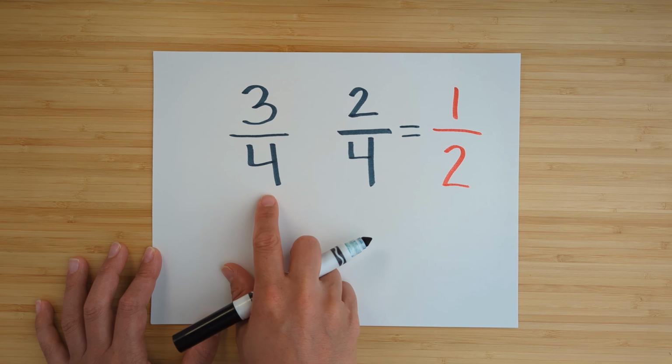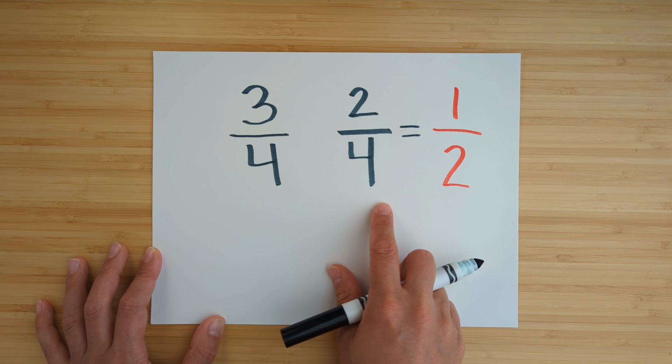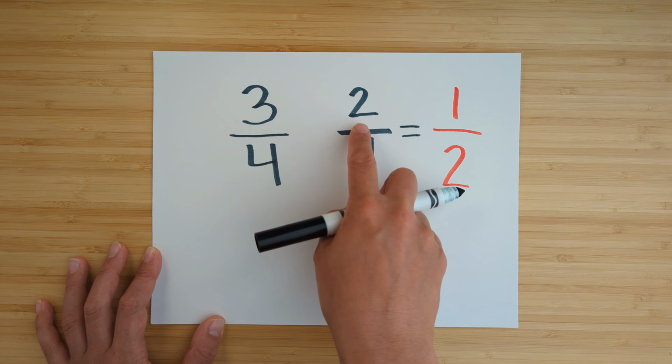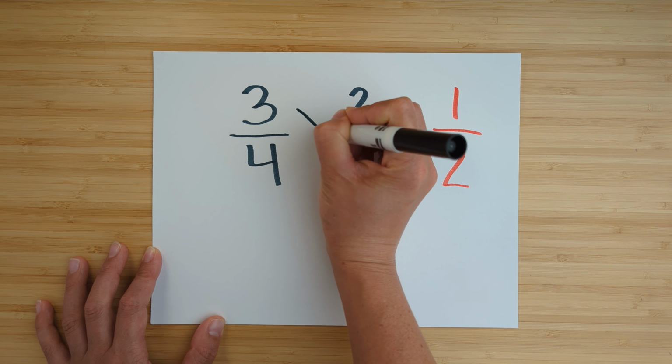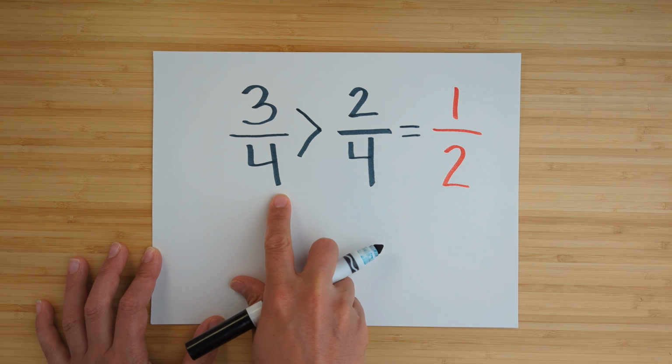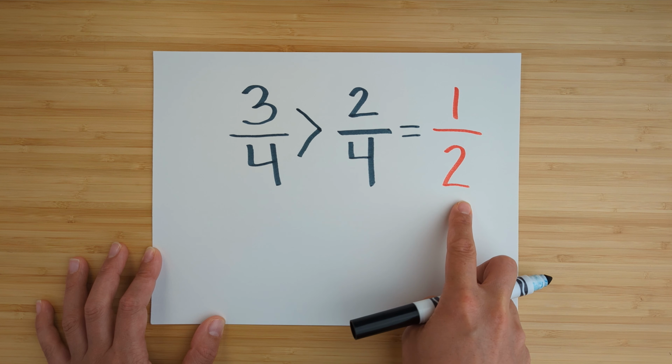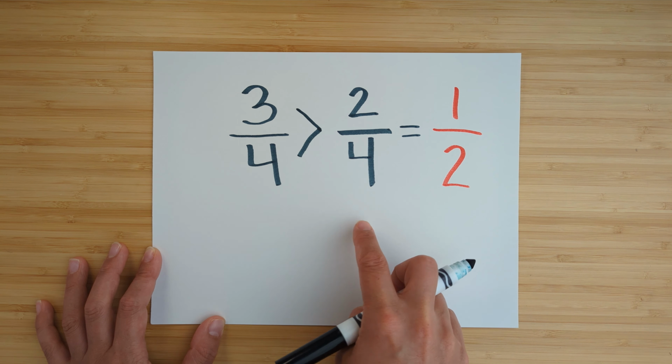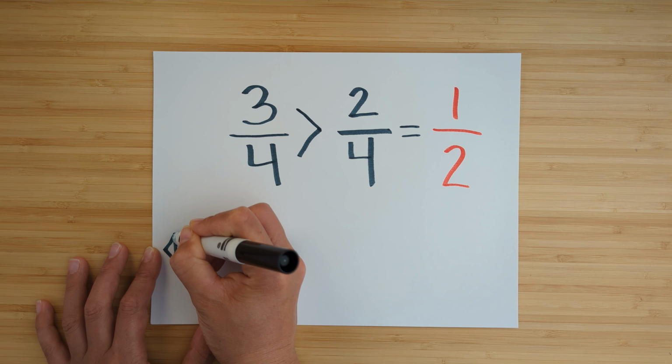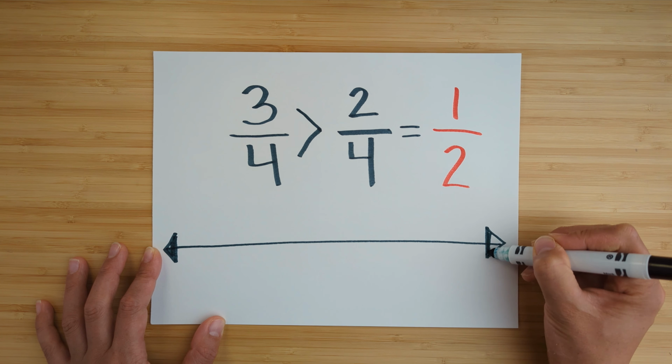Now I can compare 3/4 to 2/4 really easily because 3 is greater than 2. Now I know 3/4 is greater than a half, or 3/4 is greater than 2/4. Let's look at that on a number line.